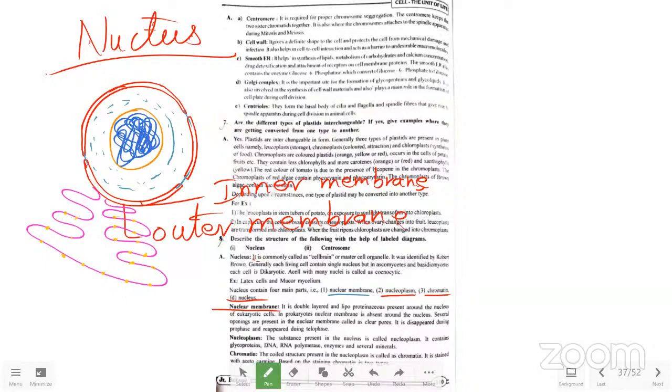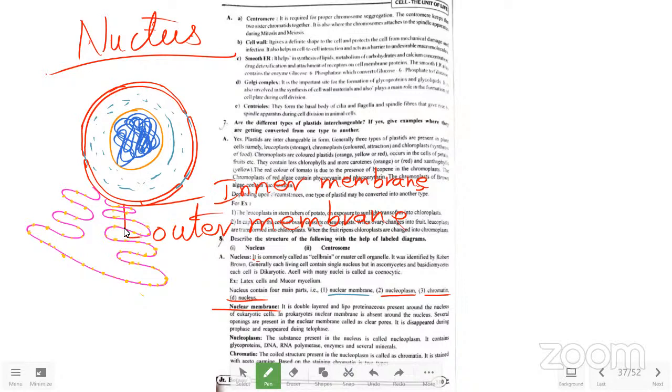Yesterday we discussed the rough endoplasmic reticulum. It originates from the outer membrane of the nucleus. The yellow ones are the ribosomes on the surface of the endoplasmic reticulum.